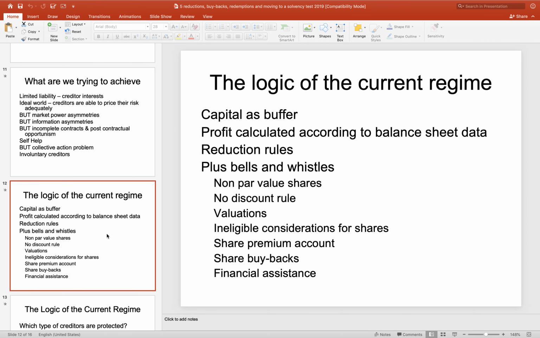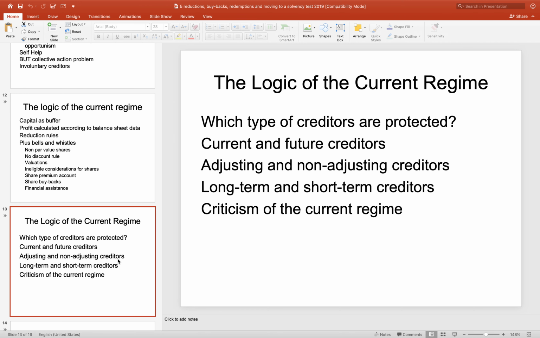And here is how the current regime works. So it sets out a summary of the current regime. And if you look at which type of creditors are protected, current or future creditors, adjusting, non-adjusting, long and short term, and then critiquing the current regime. Let's go through this. Now, current creditors are definitely protected by the current regime because their debt is recorded as a debt. Future creditors are protected to the extent that accounting rules require the company to provide for them.